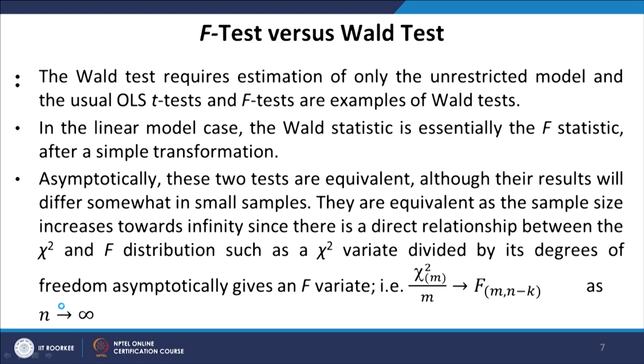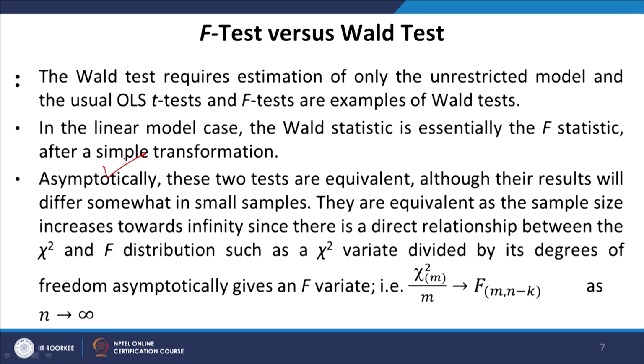Asymptotically, these two tests are equivalent, although their results will differ somewhat in small samples, because the Wald statistic is a large sample test, whereas the F test applies to both large and small samples. So, when we talk about asymptotically, that is with large samples, both tests will provide very similar results.